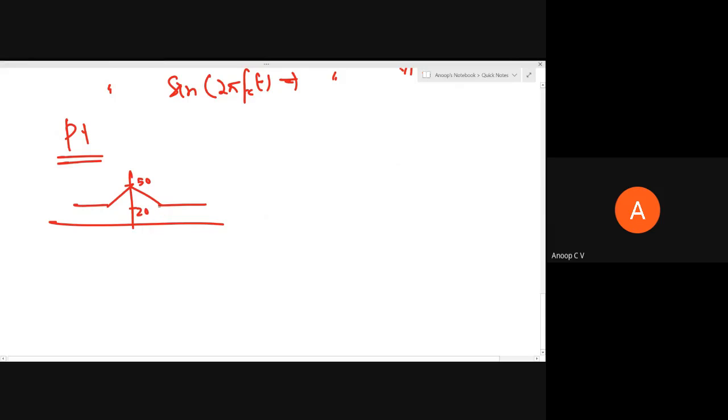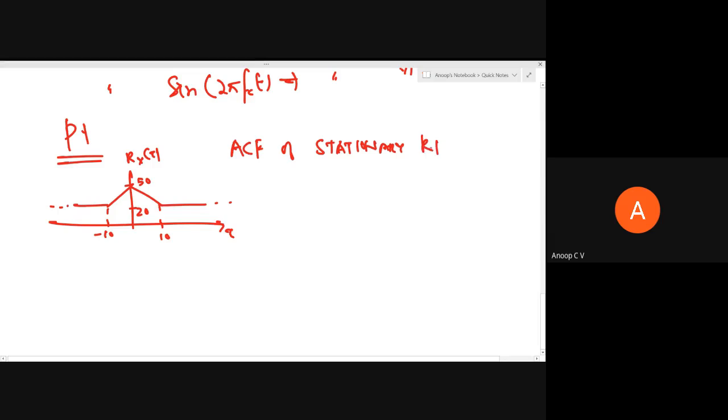This is 20, and this is minus 10, this is plus 10, and this is tau, and it goes all the way to plus infinity and minus infinity, and this is our Rx of tau. The question is, the autocorrelation function of a stationary ergodic random process is shown below in the figure. So this is the ACF of a stationary process.